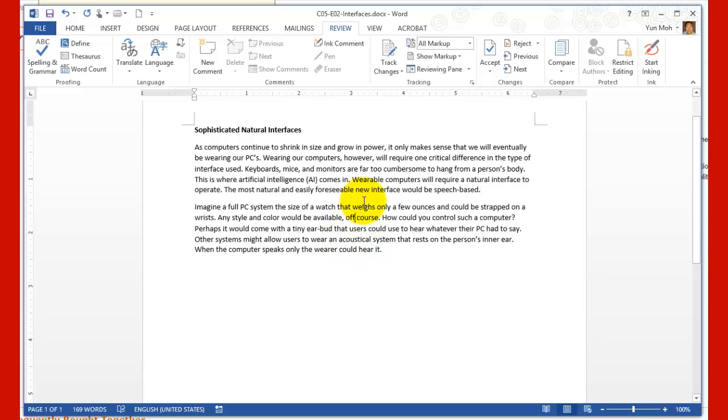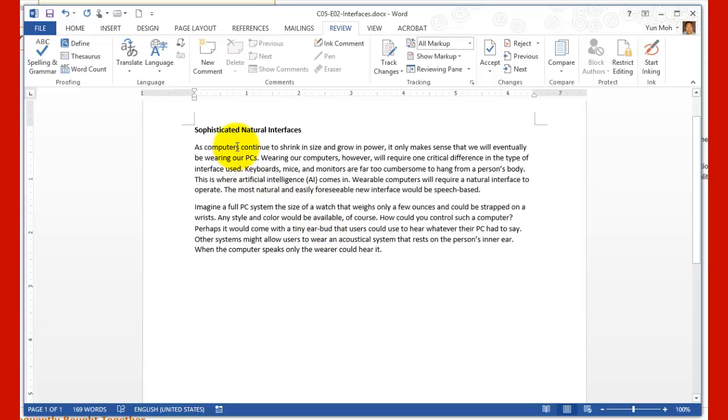That should of course be "of course" but I put "off course", and it didn't pick it up. So spell check and grammar check do not guarantee that everything is correct.